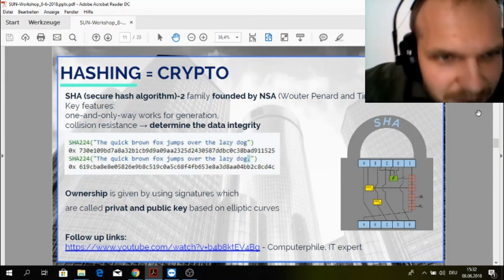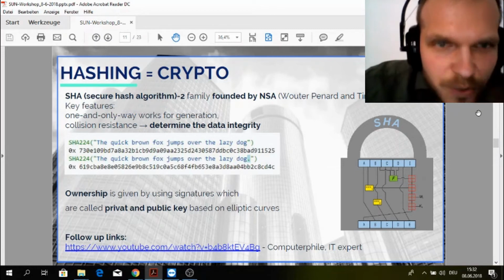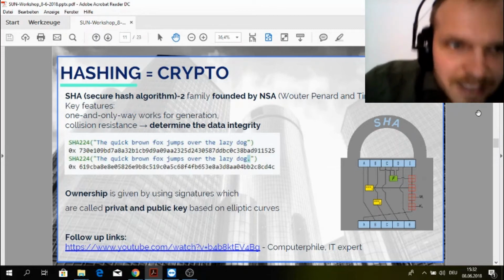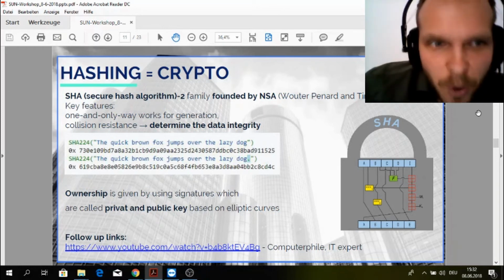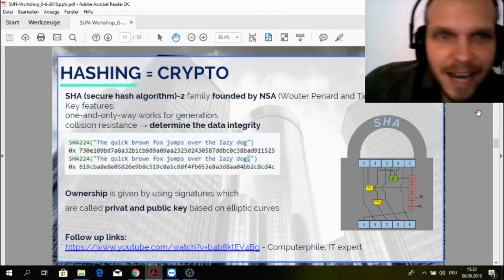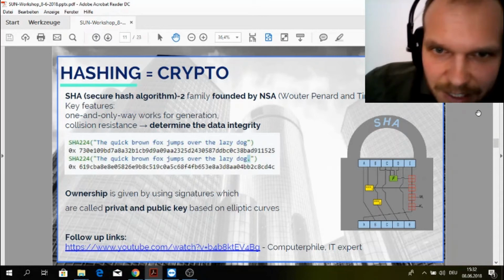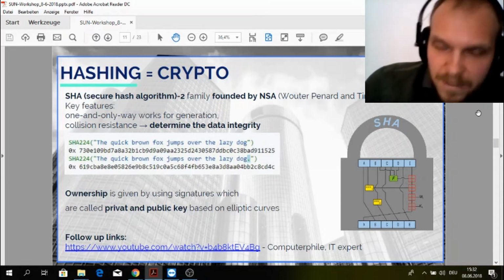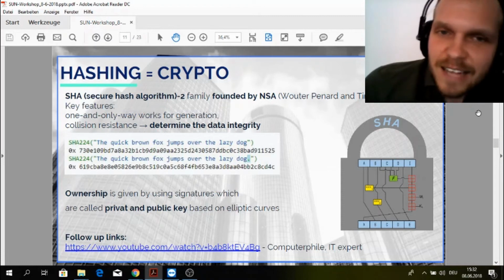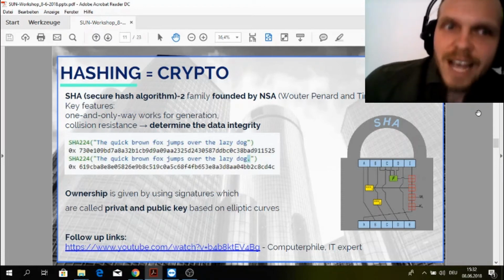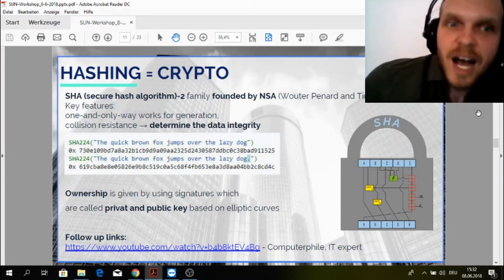There you see that the word which is encrypted is totally different in the hash code. The hash code starts with 0x, and both hash codes are totally different, but I only changed in the lower sentence the dot after dog. This is valid for every sentence or for every passphrase which I'm encrypting through the SHA algorithm.